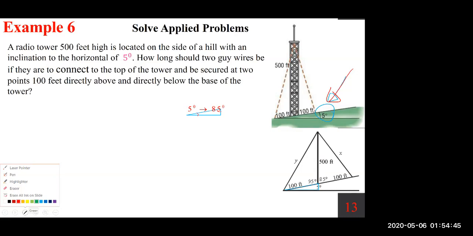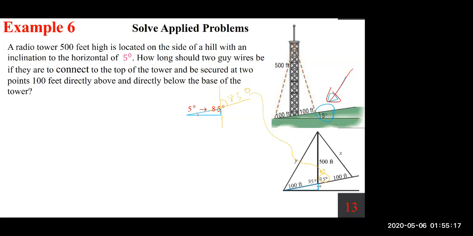Let me go with yellow. So if you continue this one, and if you continue this one, this angle is also 85 degrees, and that's what this one is. I hope everybody is following what I'm doing here.